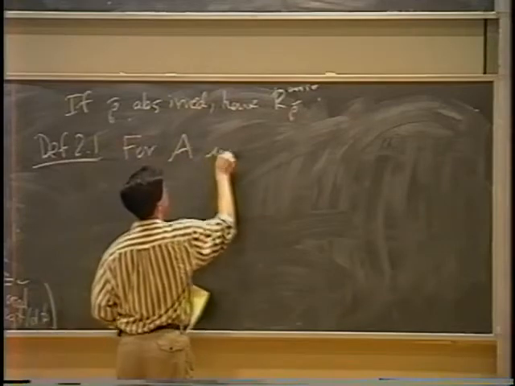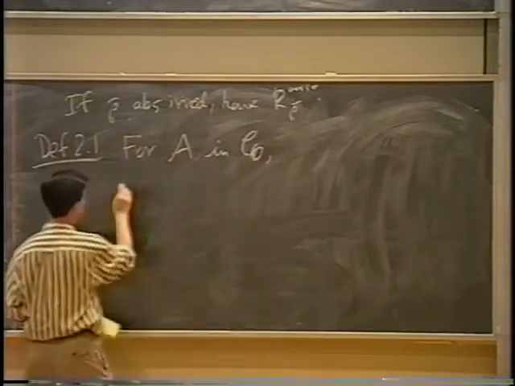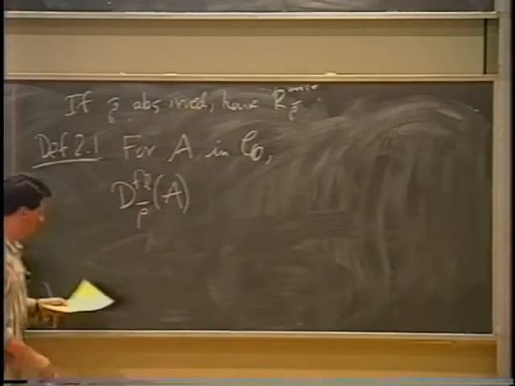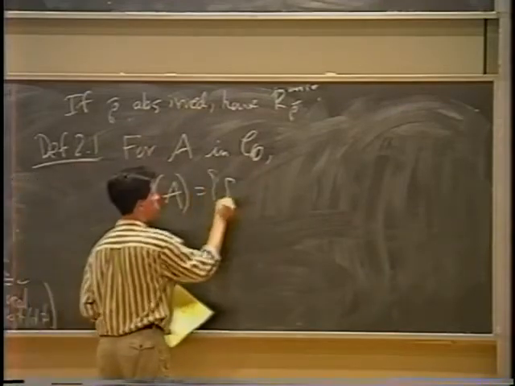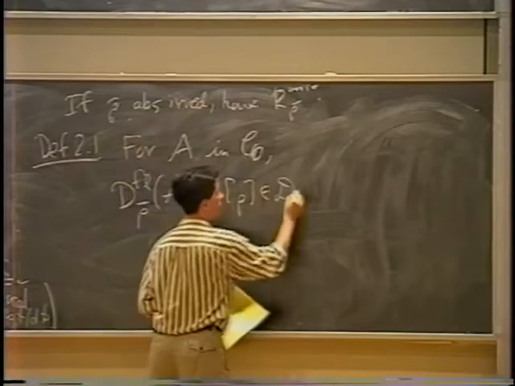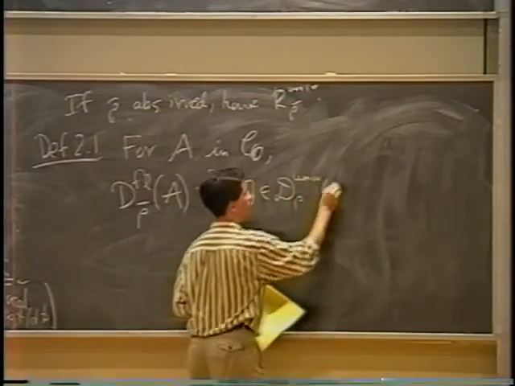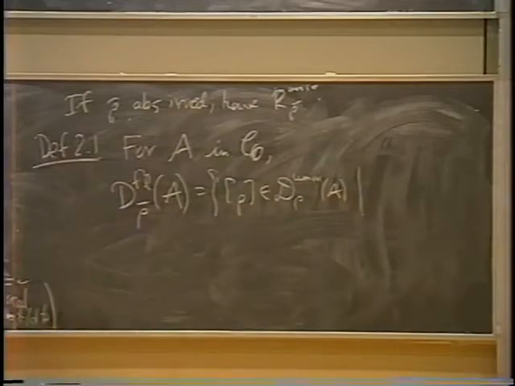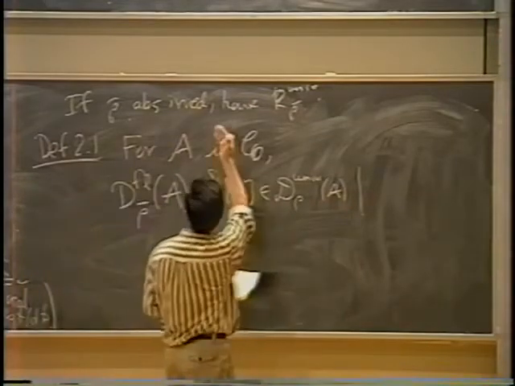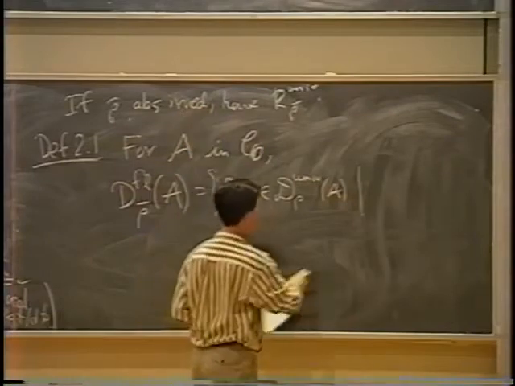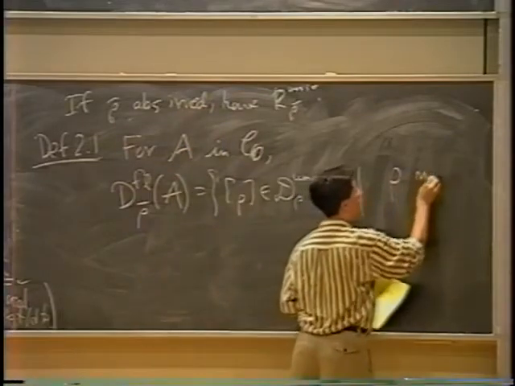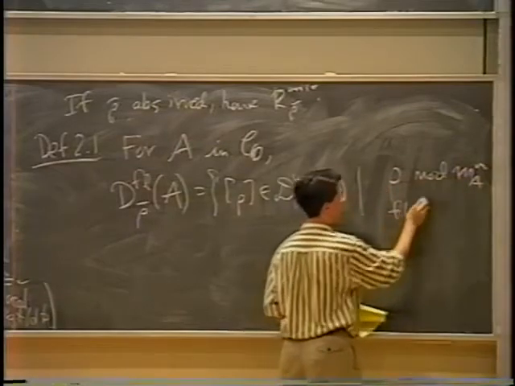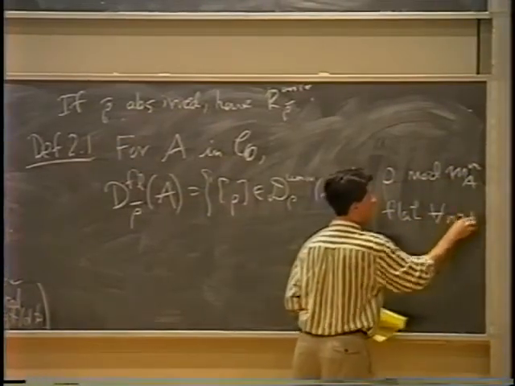So for any A in C_O, we'll define D_rho bar^flat of A. This will be the set of all deformation classes up to A with the property. Now again, A could be some huge infinite ring. We're interested in this sort of flat condition. So recalling what we saw up there on the second dot, we'll look at rho mod m_A^n. This is a finite Galois module, and this should be flat for all n.